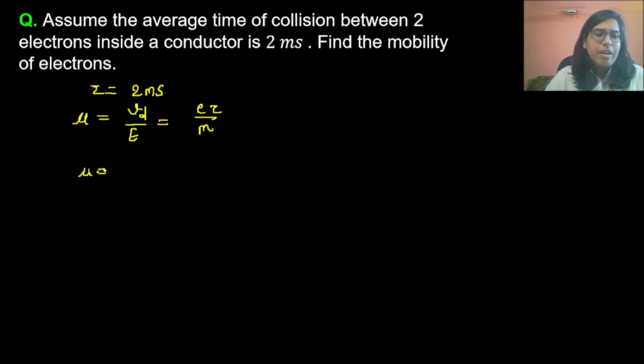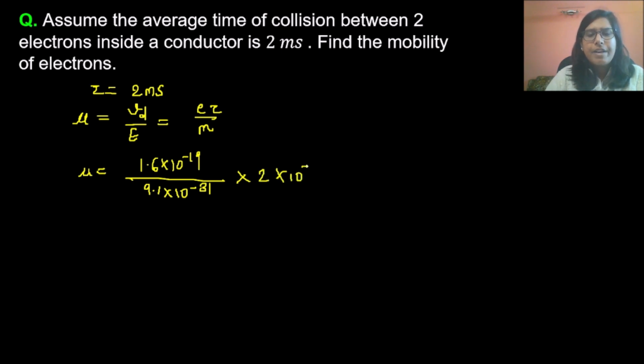So mu will be: e is the charge on electron, 1.6 into 10 raised to power minus 19 coulomb. Mass of an electron is 9.1 into 10 raised to power minus 31 kg, and tau is given 2 millisecond, that was 2 into 10 raised to power minus 3 second. If you calculate this, then we will find the mobility.